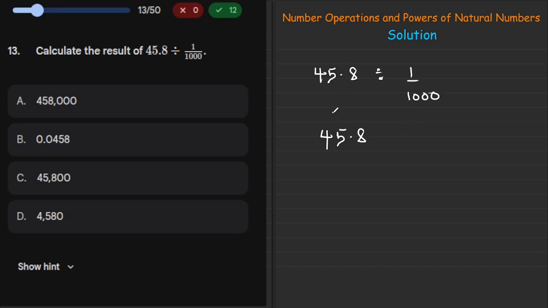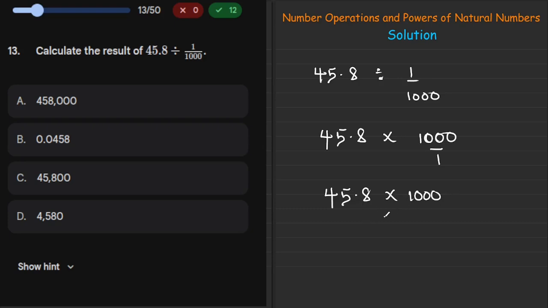So we keep the first, which we have over here, then we change the division to multiplication, and then we flip this so that it becomes 1,000 over 1. 1,000 over 1 still remains 1,000. Hence we have 45.8 times 1,000.